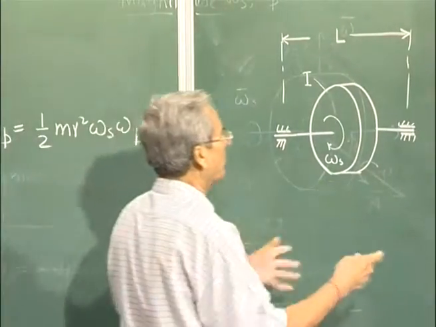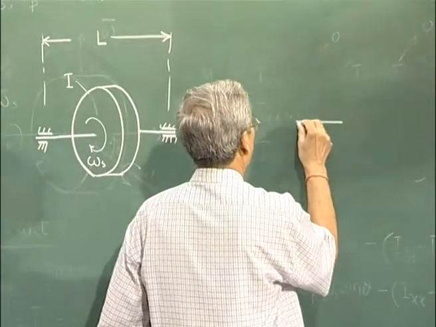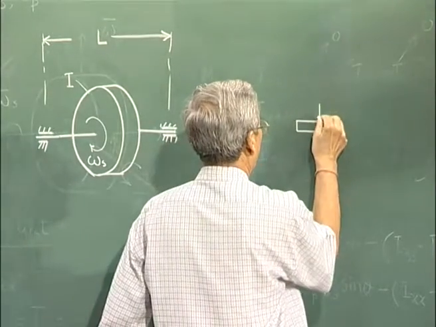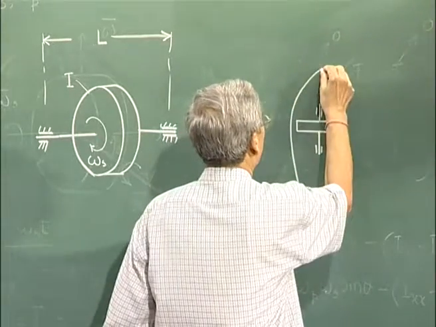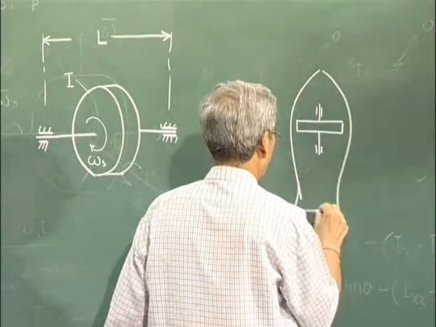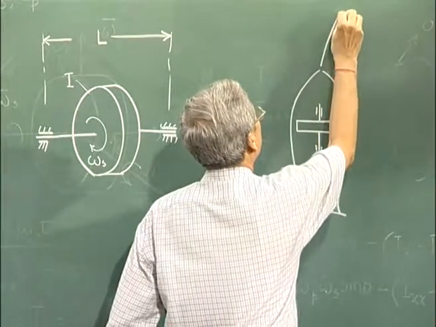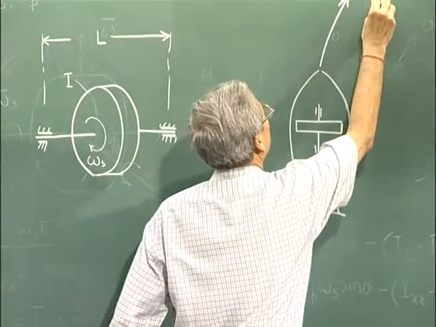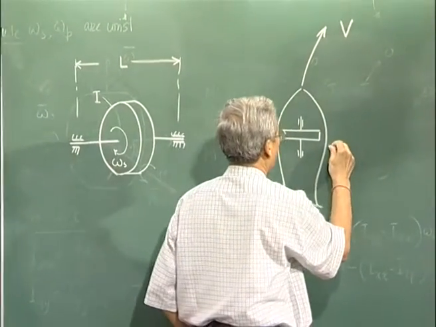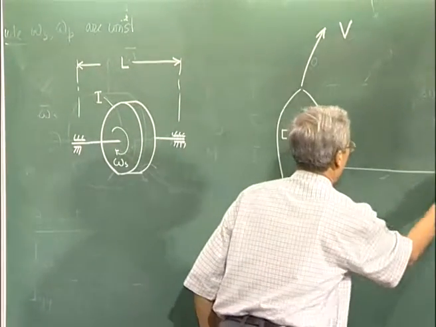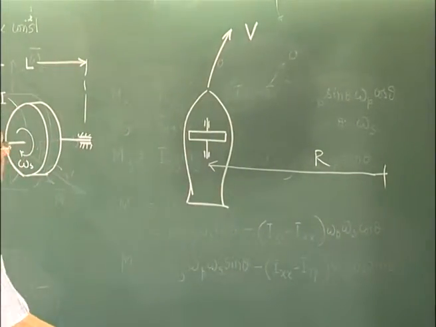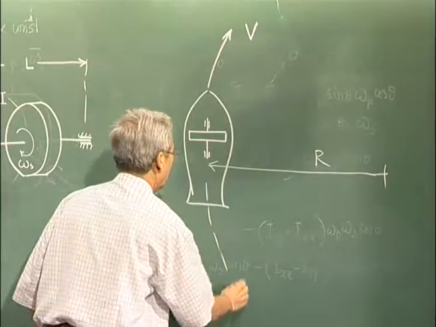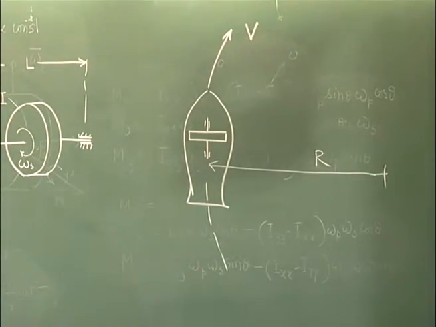Now suppose the whole thing is taking a turn, with velocity v and say radius of curvature r. The whole thing is taking a curve, a turn towards right or towards left. So what will be the bearing reactions?